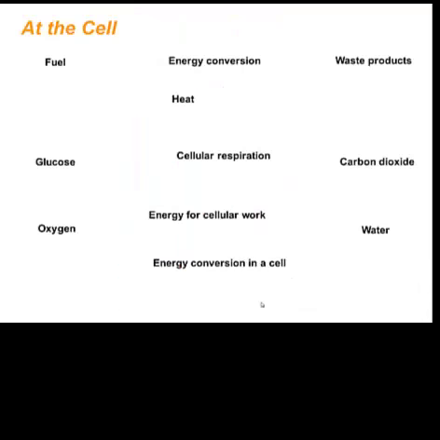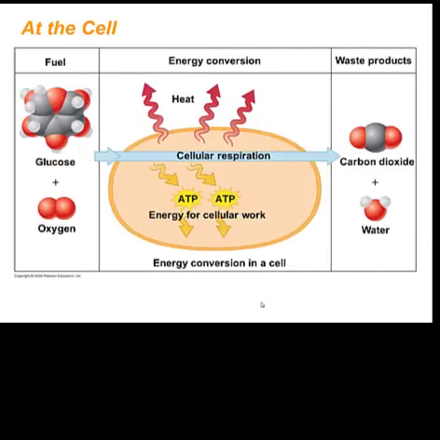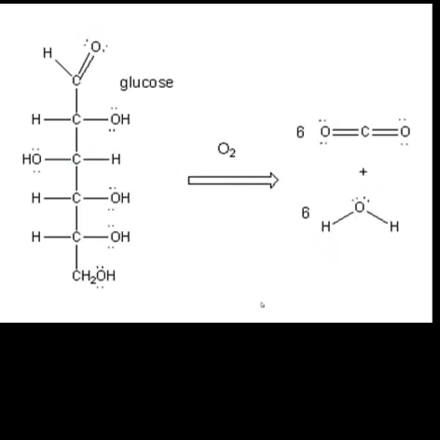Here it is at the cell. In every reaction, the reactants are rearranged to form products. The carbon dioxide that is formed in cellular respiration, each of those carbons comes from the original glucose molecule, and the water is from the oxygen when it combines with electrons as glucose is broken down.